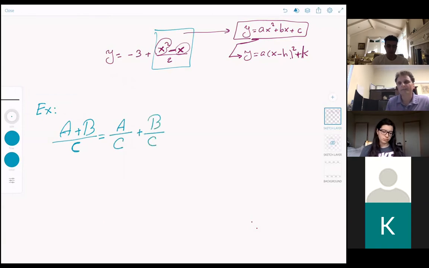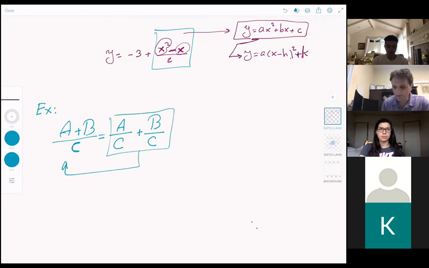You can break it down because if you find a common denominator, you get this one. So they're same. Here we're going to do the same. So this part will be x squared over 2 minus x over 2. Good. Then we have -3 plus here.